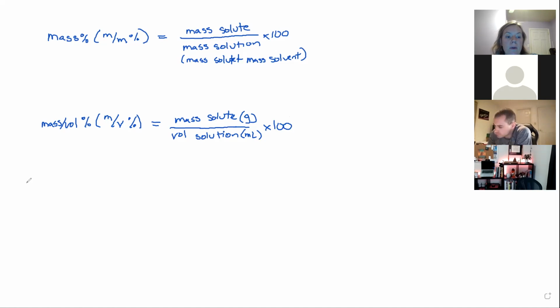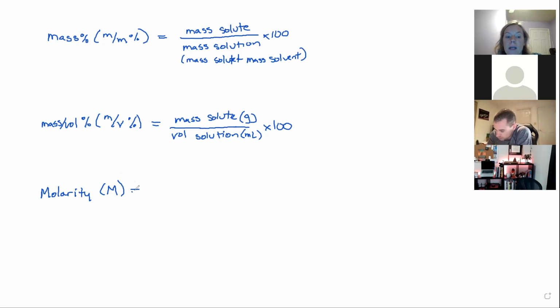The last way that we are going to express concentration, which is probably the most common way, is called molarity. M-O-L-A-R-I-T-Y, molarity. The unit for this is a capital M, big M. It's not the little m, that's a meter. It's not MOL, that's mole.